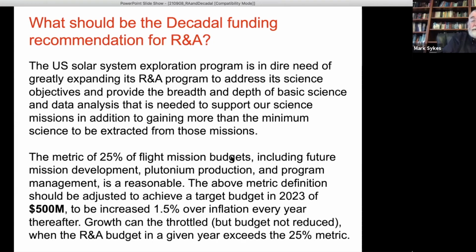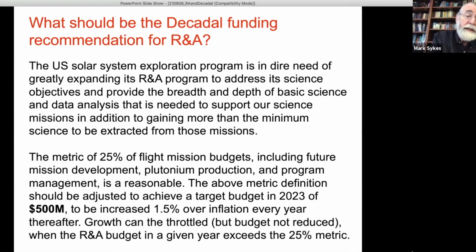Just like the definition of RNA, you could tweak what you include in the flight mission budget category. I would say tweak it so you get about 500 million for 23, and then use that as your guideline going forward.